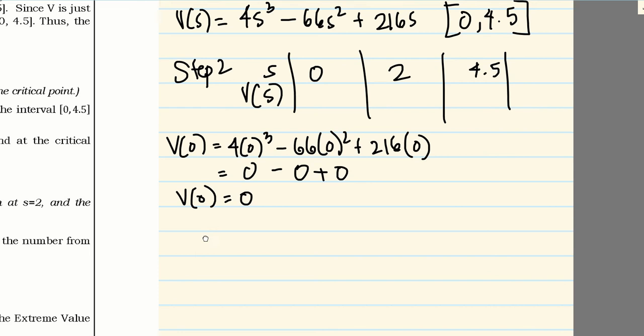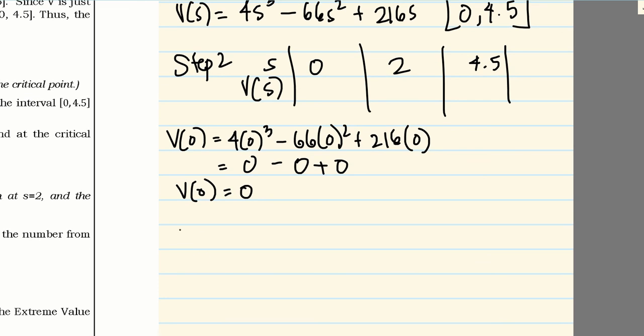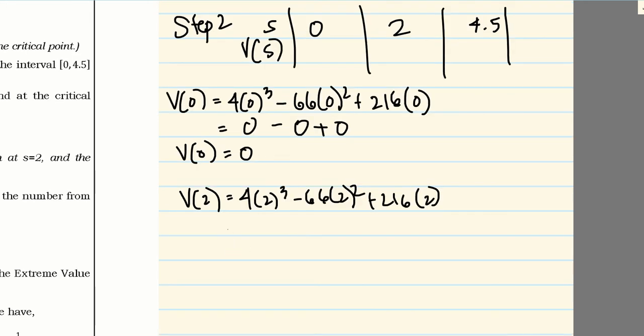Then we have V(2), which is 4 times 2 cube minus 66 times 2 square plus 216 times 2. 4 times 8 is 32, minus 66 times 4, plus 216 times 2.